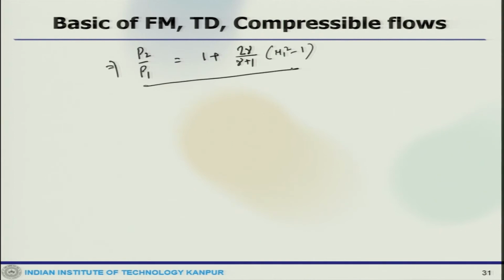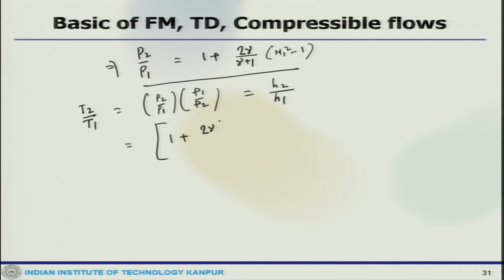So, that is the relationship between the pressure ratio across the normal shock, and the other way, T 2 by T 1 is P 2 by P 1 into rho 1 by rho 2, which is 1 plus 2 gamma by gamma plus 1 m 1 square minus 1, into the density ratio term.